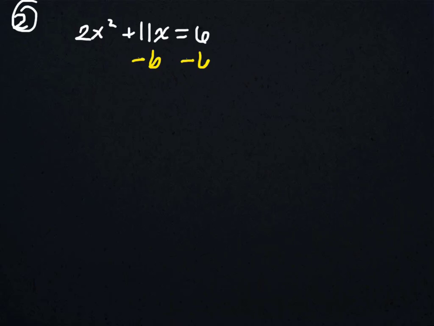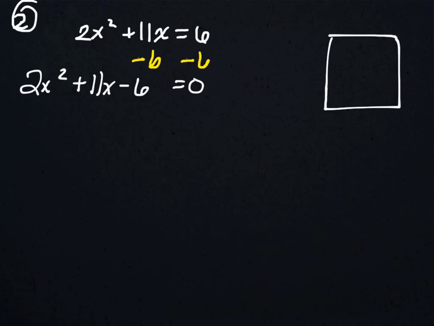And so I have my 2x squared plus 11x minus 6 equals 0. Come over and work on my box. 2x squared and negative 6.